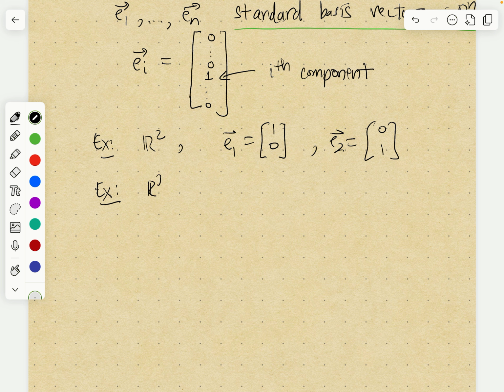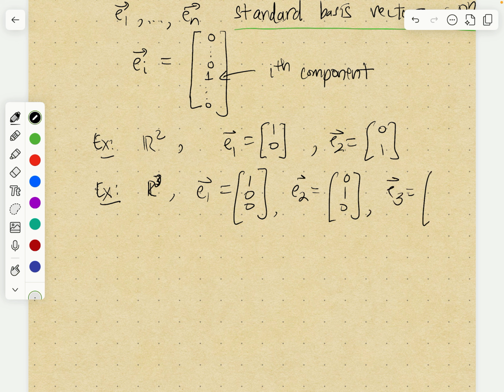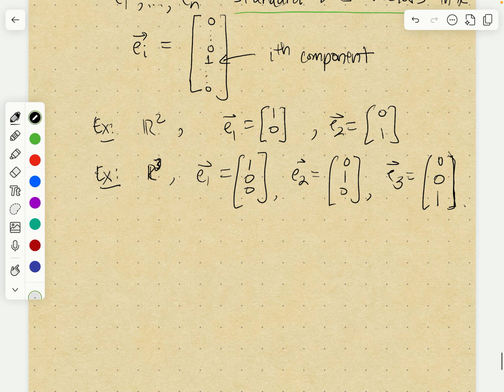In R3, you get E1, which is 1, 0, 0, E2, which is 0, 1, 0, and E3, which is 0, 0, 1. And you can imagine doing this for any n. Maybe in multivariable calculus, you might be used to calling these i hat, j hat, and k hat.